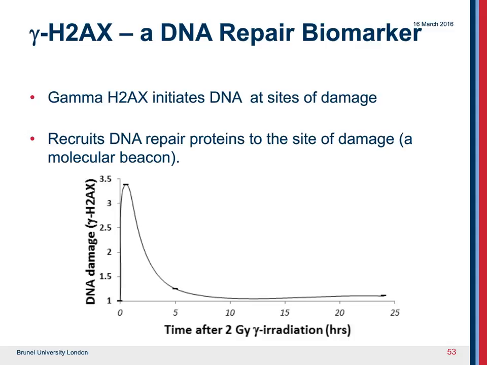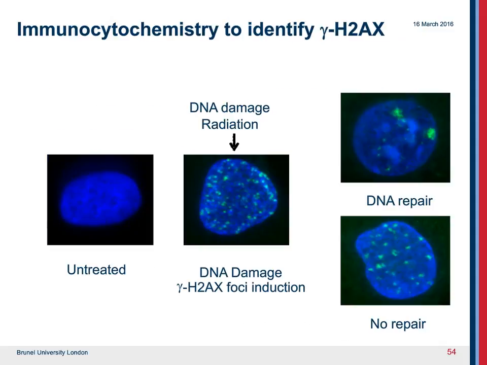If you look at in situ immunofluorescence, looking at a number of nuclei, on the left-hand side of the slide, you can see a nucleus that's been stained with DAPI that has not got any DNA damage, and it's completely clear. But then if you irradiate the cells, you can see the appearance of those little green or yellow foci, and that's where we've used an antibody against gamma H2AX to recognize the DNA damage.